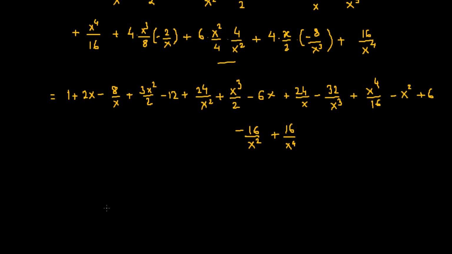Okay, the final step, we're going to combine all the like terms. So there's a constant here, so plus 6, and plus 6 is going to give us 7. Let's see, should have been negative 6.